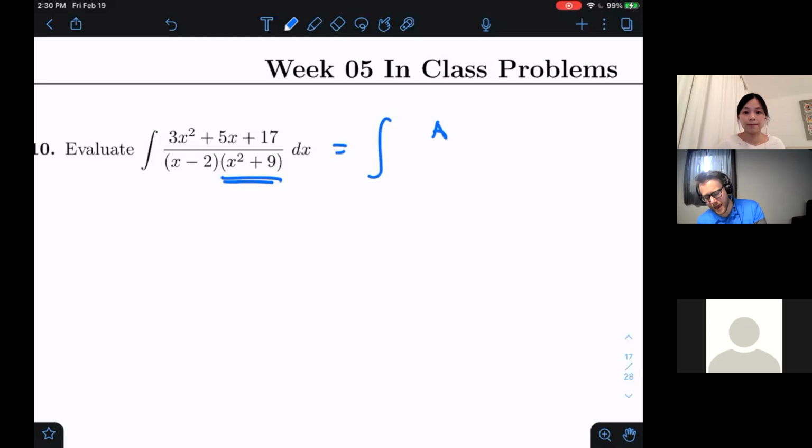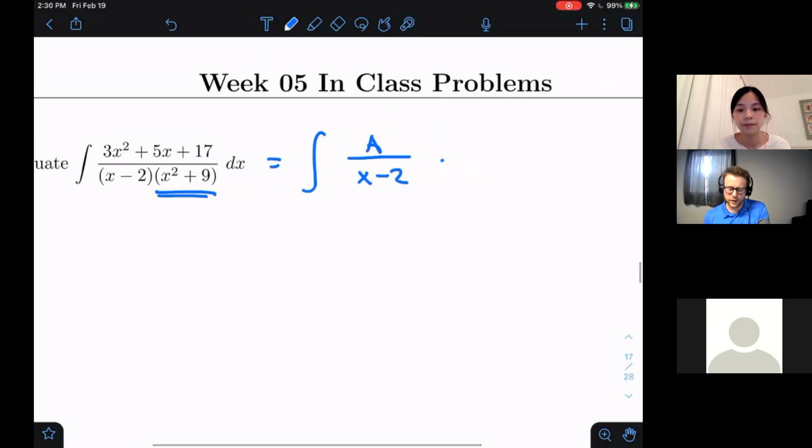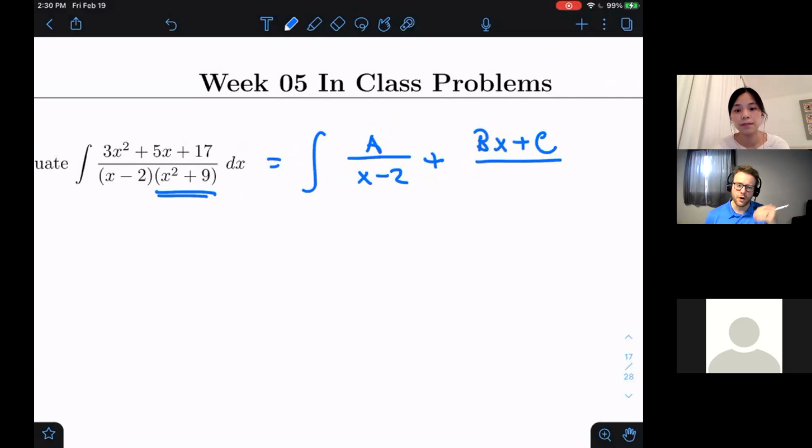We have maybe A over x minus 2 for the first bit, right? Because that's x minus 2 raised to the first power. And then whenever you have one of these irreducible quadratics, you need to have Bx plus C, a linear, 1 degree lower. So when you have linear factors in the denominator, regardless of what power they're being raised to, you have a constant.